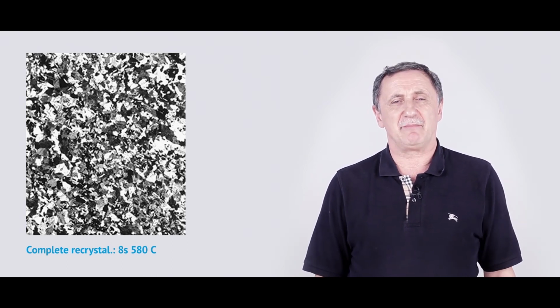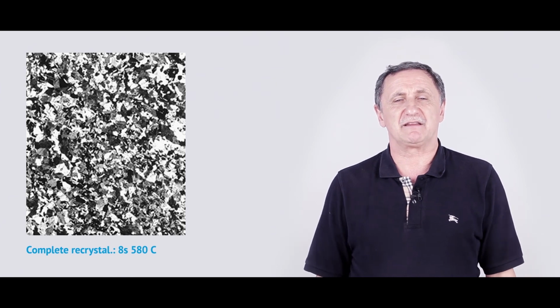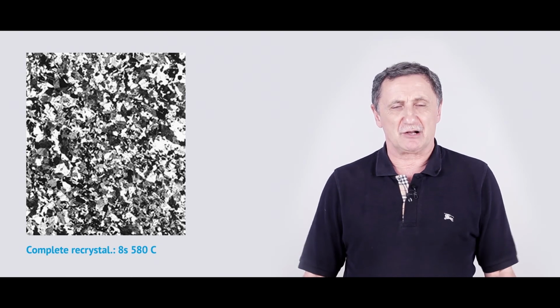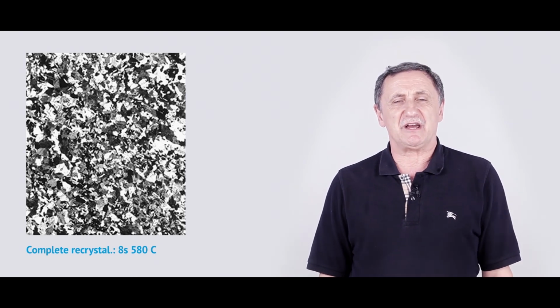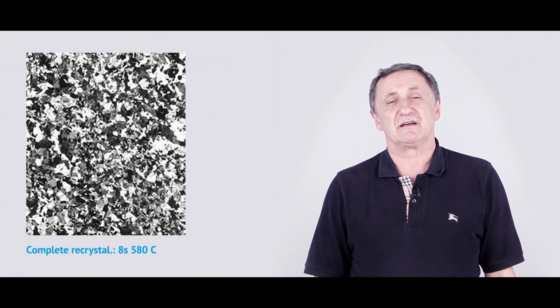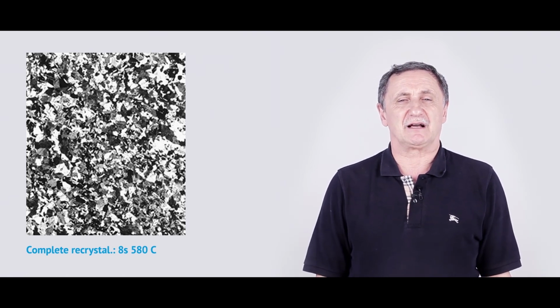And as I mentioned, grain boundaries typically have extremely high energy, and larger grain size means lower energy of the system. So here we could see during recrystallization an absolutely opposite transformation sequence.